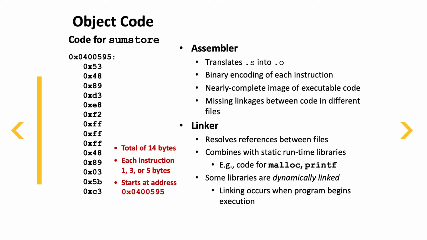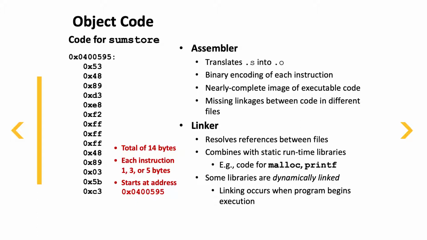This is a nearly complete image of the executable code, but don't forget we have that final step where we go through the linker, and that's because in the object code, we're missing linkages between code in different files. So the linker resolves those references between files. It combines in static runtime libraries like malloc or printf, so when we include things that allow us to use memory allocation and input-output, this is what the linker's doing for us.